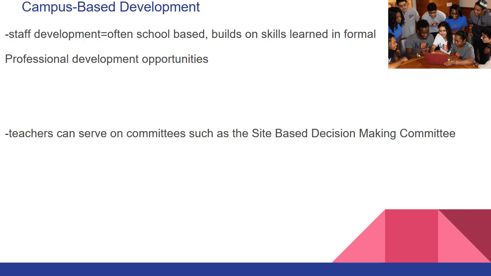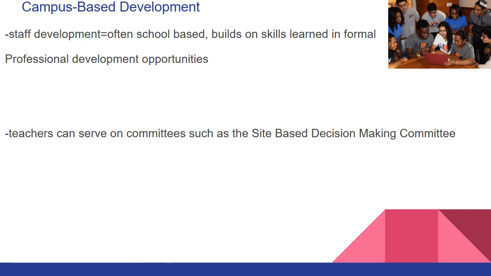Another way that teachers can support their campus-based professional development is through serving on committees such as the site-based decision-making committee. Teachers can serve as a consultant to provide feedback and suggestions to the school administrators on what programs students need and how to best utilize the resources of the school.